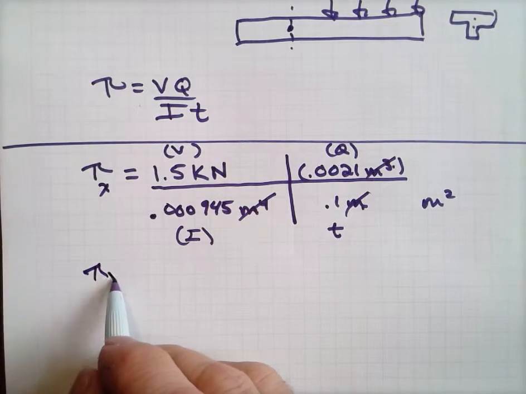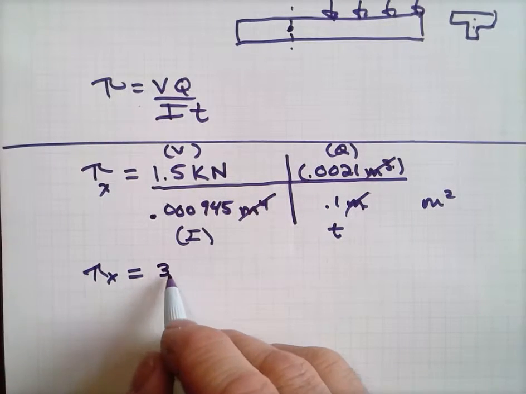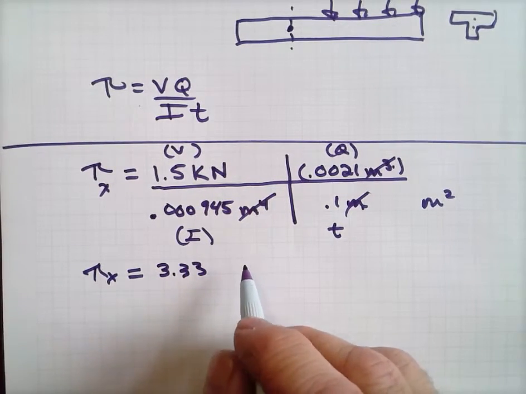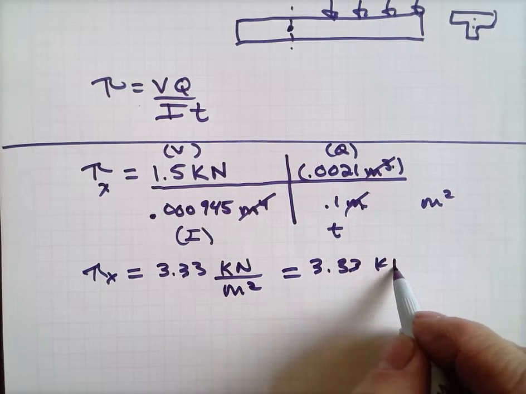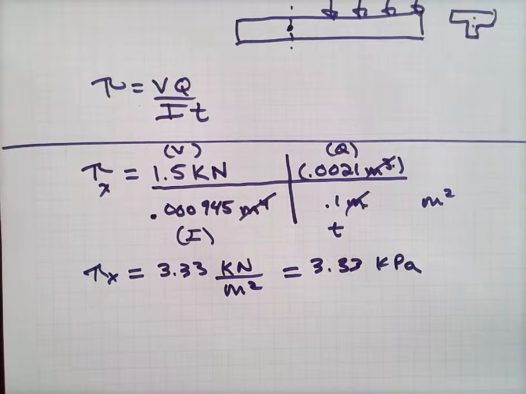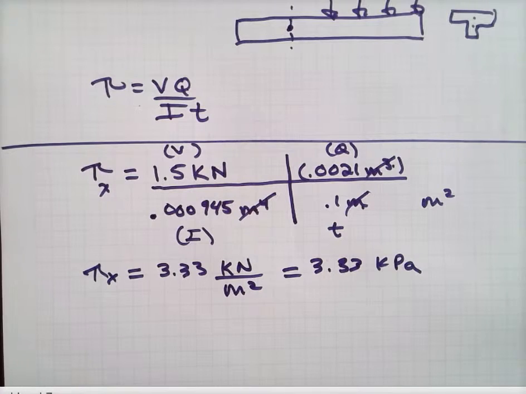So tau x, just at point X, is equal to 1.5 times 0.0021 divided by 0.000945 divided by 0.1, and I get 3.33 kilonewtons per meter squared, or 3.33 kilopascals. 1.5 times 0.0021 divided by, oh, I missed a zero.